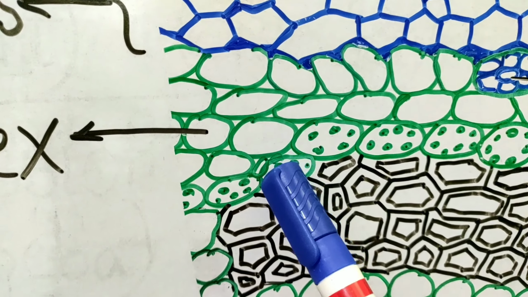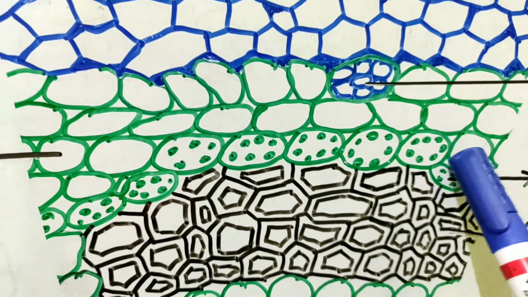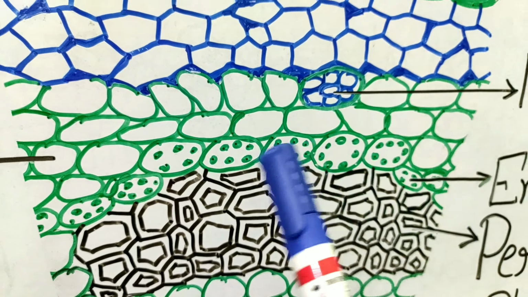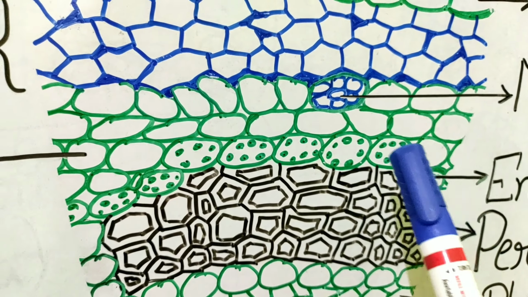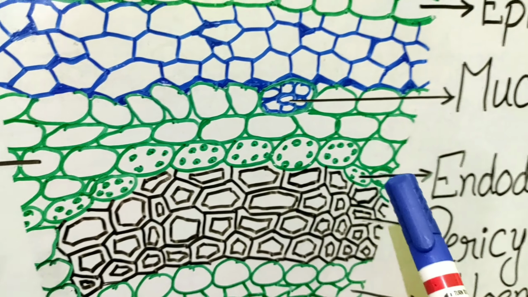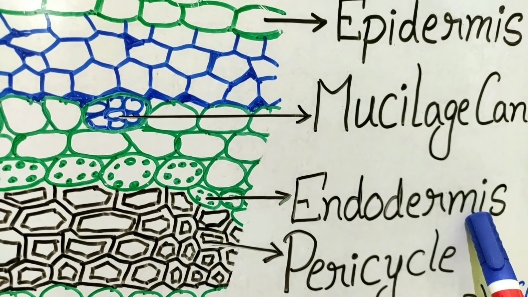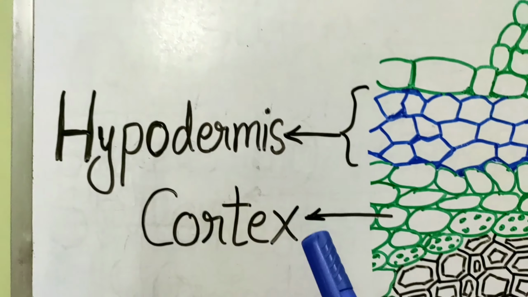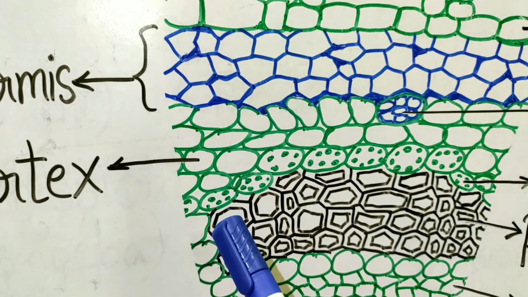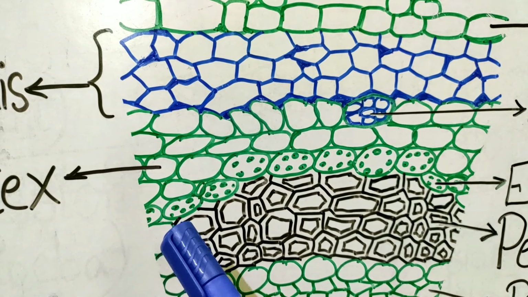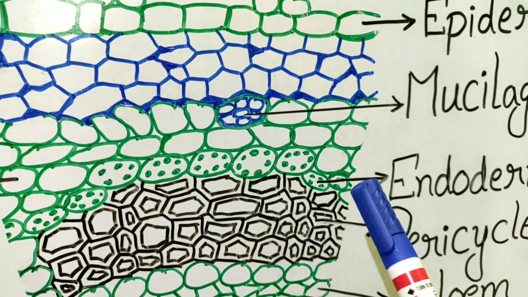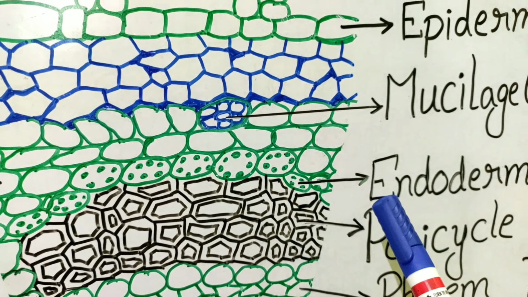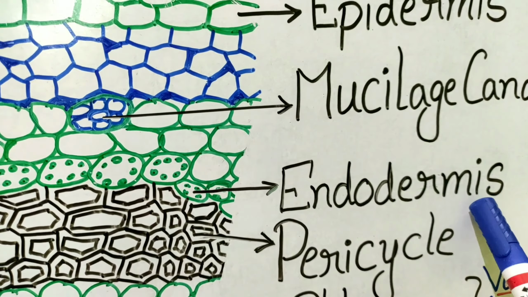You can see some granules I have drawn here. These are the starch granules, and this layer particularly indicates the endodermis. So first one was epidermis, next your hypodermis, then your cortex, and the cortex is continued with a layer having some starch granules in it, and this layer is known as your endodermis.